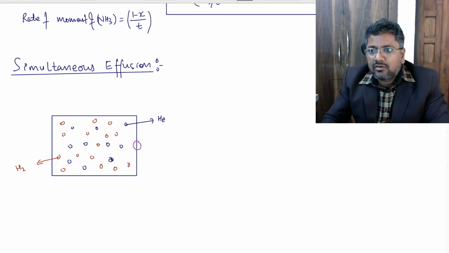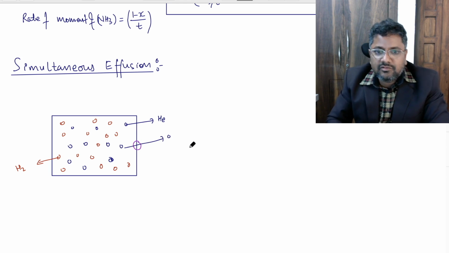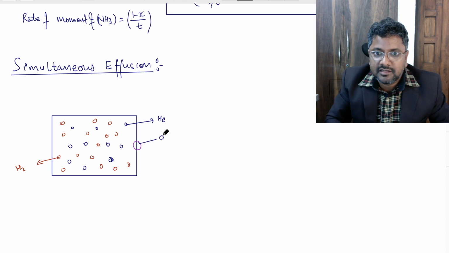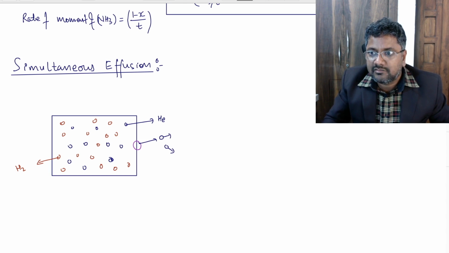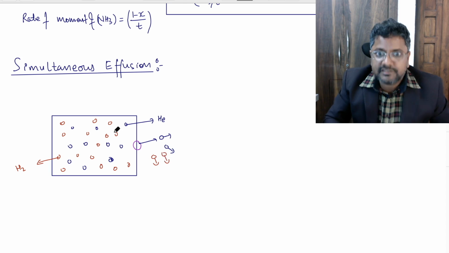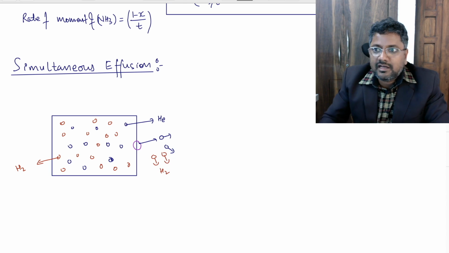Now you will observe that a hydrogen molecule may be coming out from here, or a helium molecule, and some hydrogen molecules also may be coming out. This is hydrogen, and this is helium which is coming out.